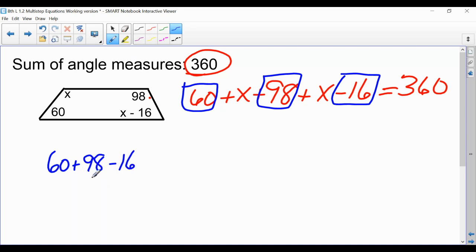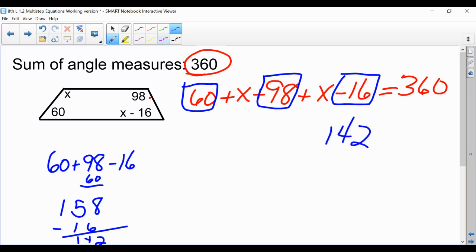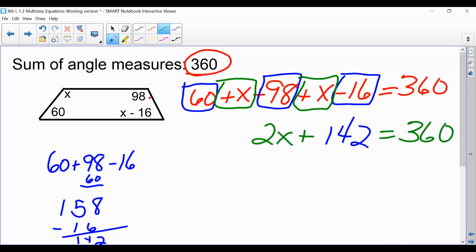Well, 98 plus 60 is 158 minus 16 gives me 142. And then if I look at this, I have an x plus x. So I have two x's. And that all equals 360.